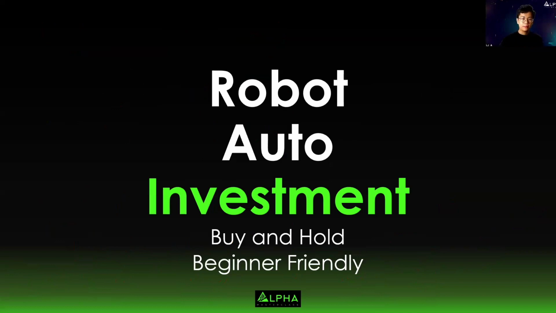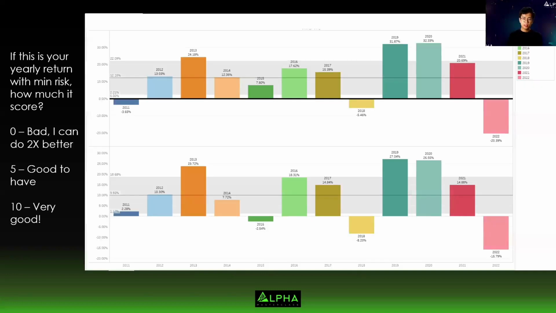Now let's talk about those that want to use robots for investing purposes. Let's look into this case study. Assume that this is your own portfolio. You can use this portfolio by just doing one action: you buy in January and sell in December. One year later, only then you sell it off.